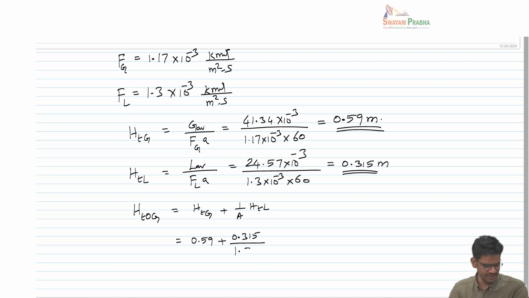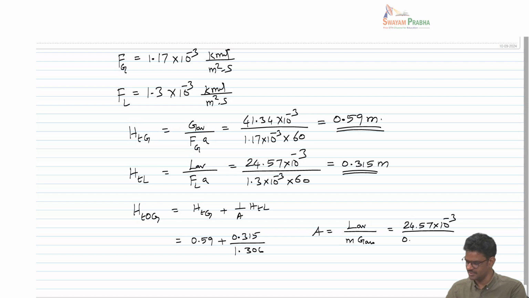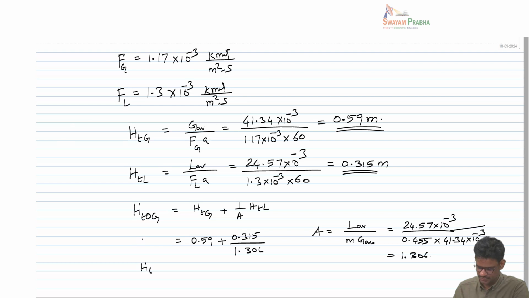This value of A will be something like 1.306, and A is nothing but L average by M G average. So this is like 24.57 into 10 power minus 3. M is 0.455. That's the slope of the equilibrium line. And this will give you something like 1.306. So this is HTOG. You get something like 0.83 meters.